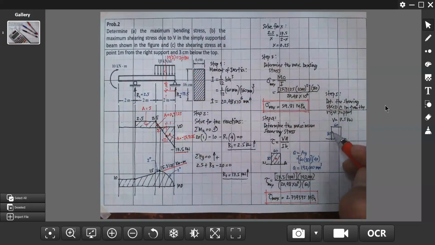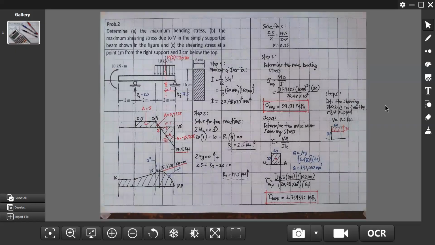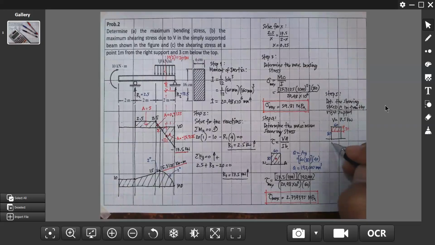So this will be our area. Our Q is 60 times 30, that's our area.